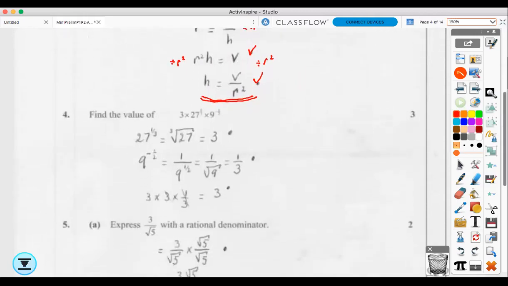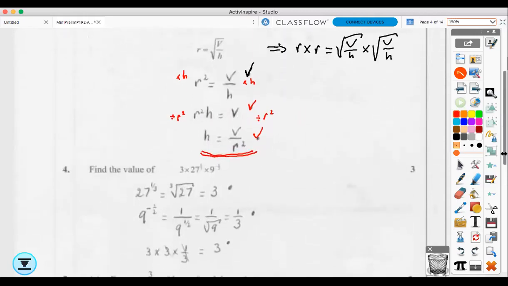The next question we had was find the value of 3. So this one was causing a bit of problem as well, I've noticed. So basically you had 3 times 27 to the power third times 9 to the power negative 1 over 2.